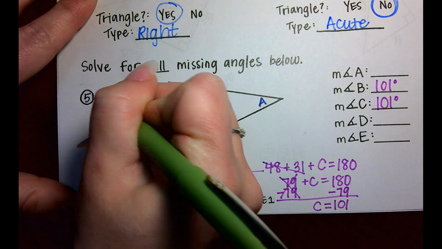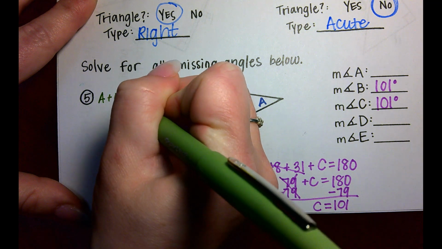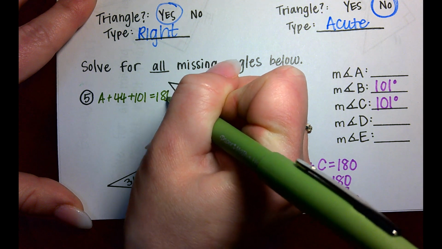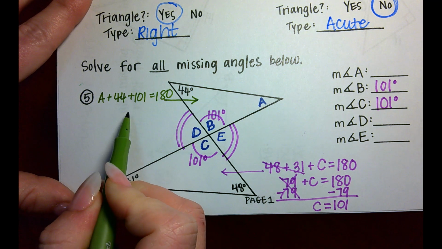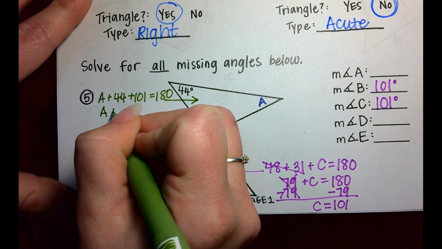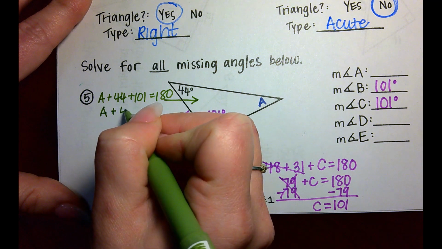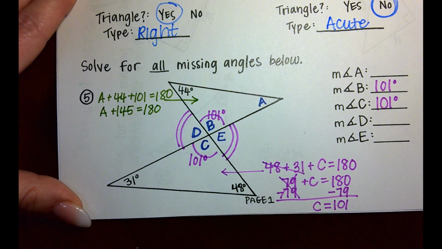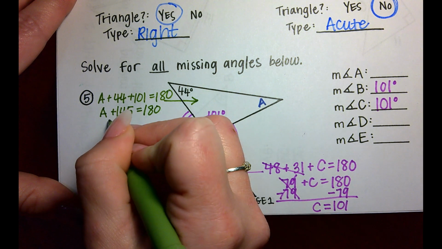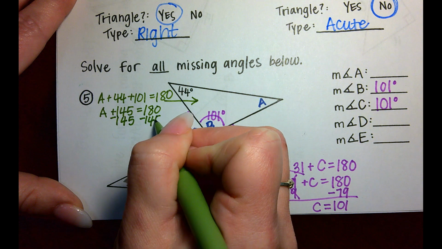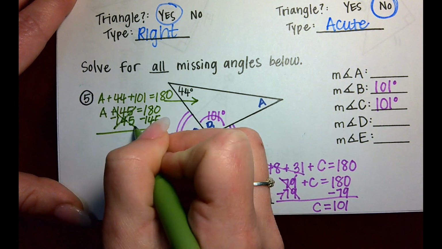So I know A plus 44 plus 101 equals 180. And we combine: A plus 145 equals 180. And then subtract the 145 from 180. We get 35. Awesome.